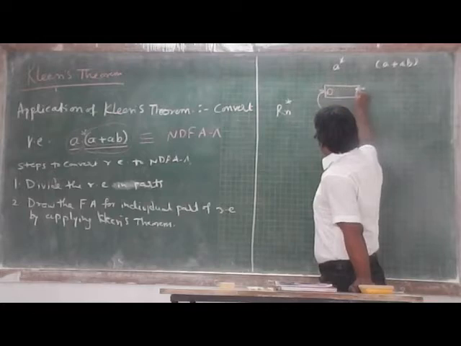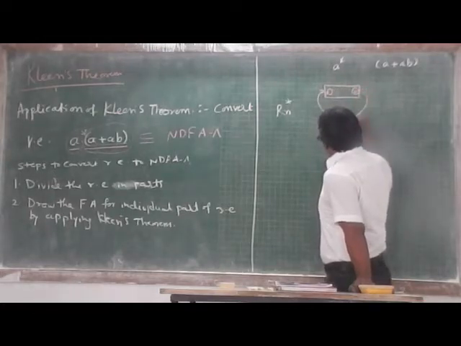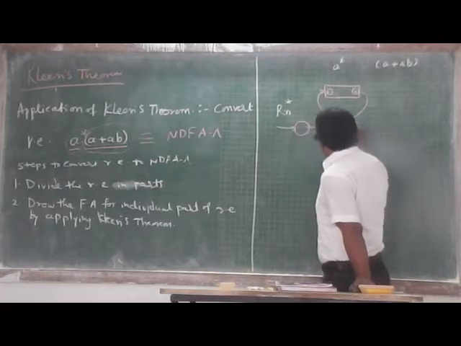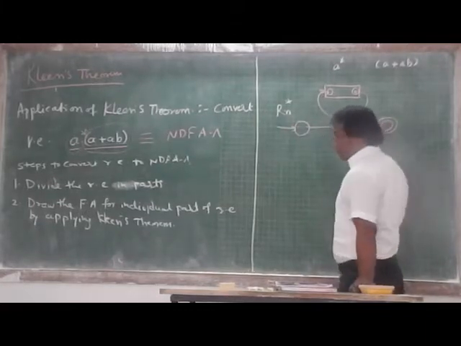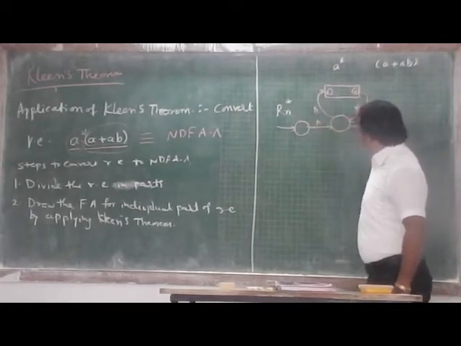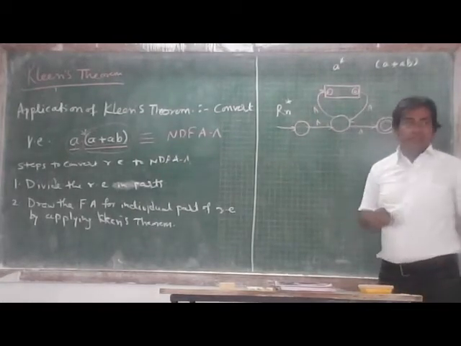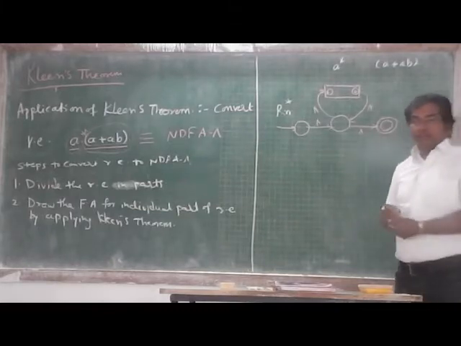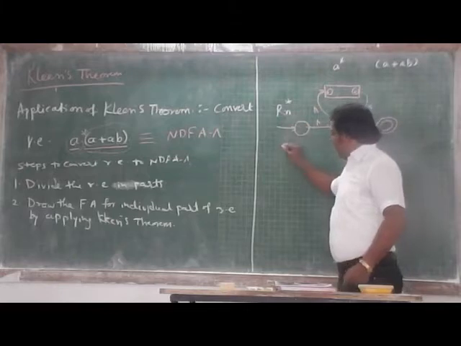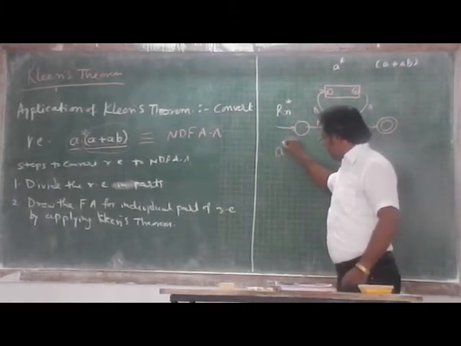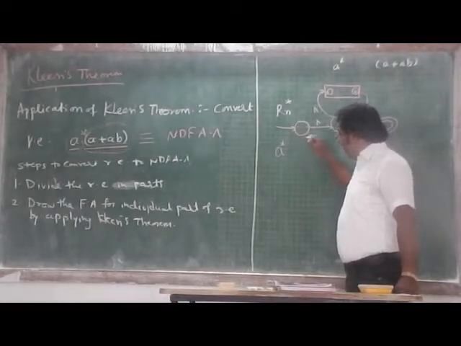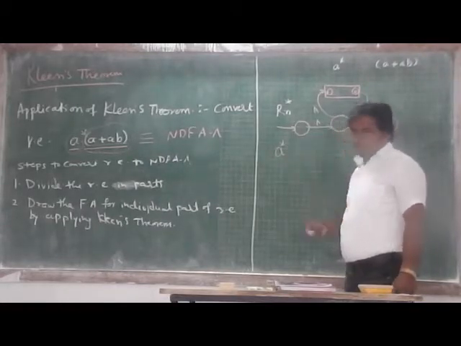This is the initial state. Do you remember? All the transitions were done. For A star, replace this Rn by A. It becomes A star. So what is the finite automata for A star?